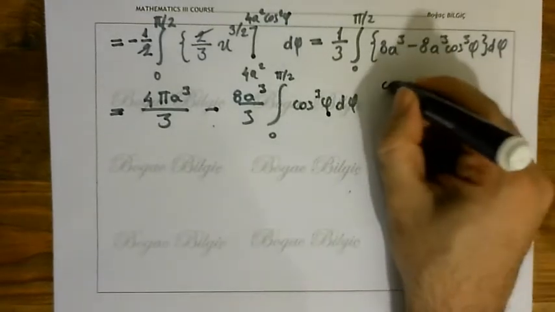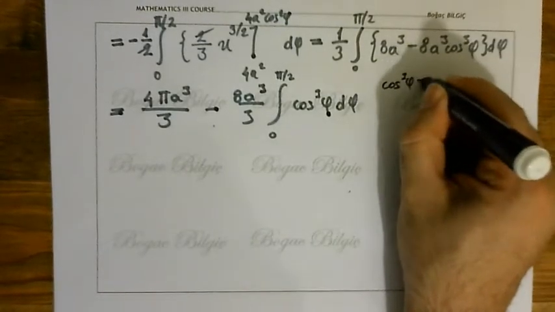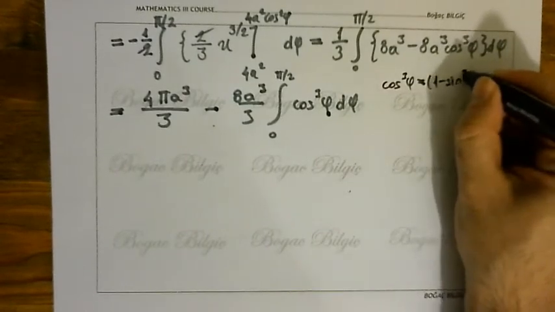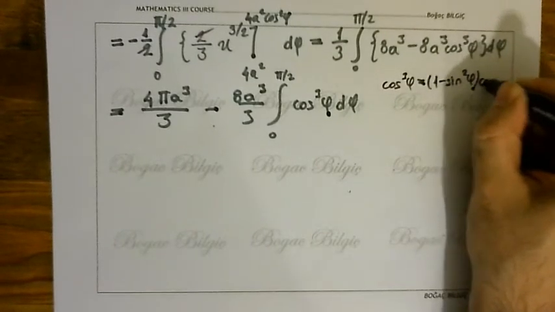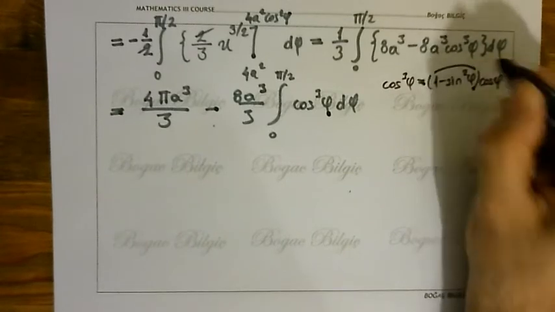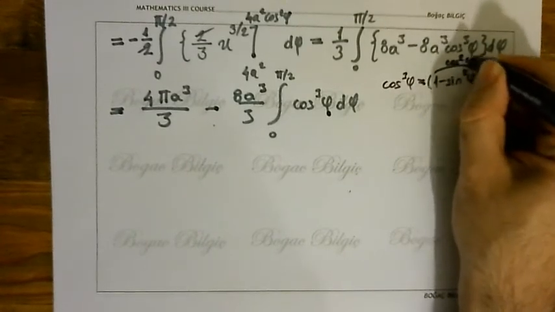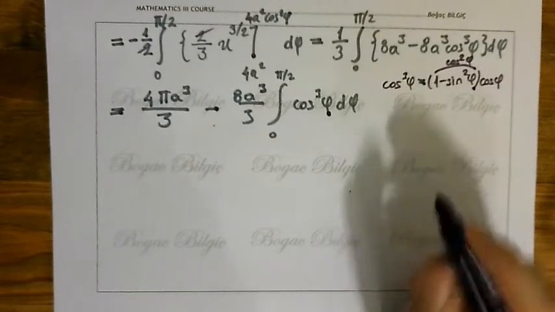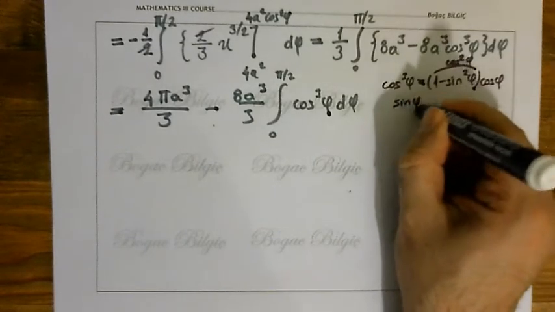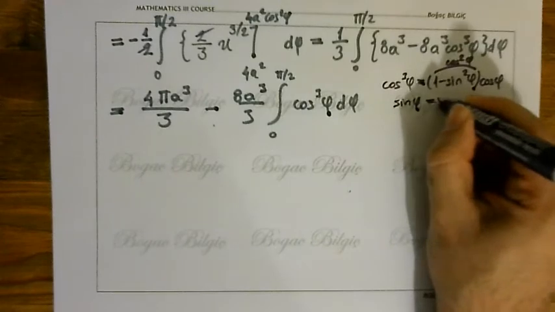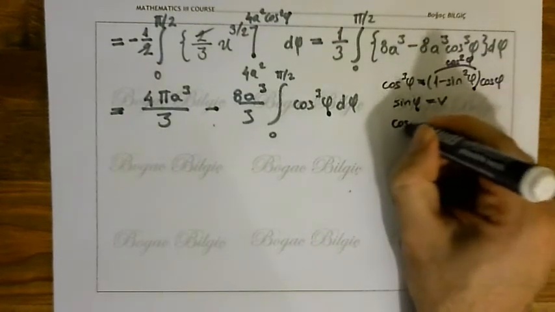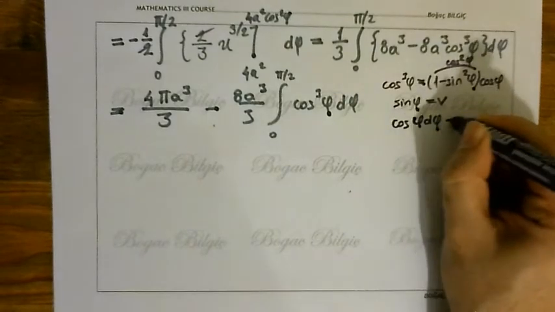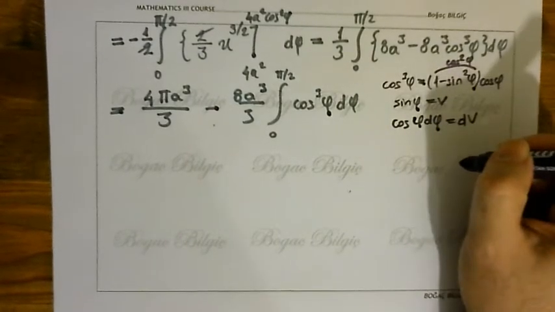cos³ φ is (1 − sin² φ) times cos φ, because this is cos² φ. If we say sin φ = v, cos φ dφ is dv.